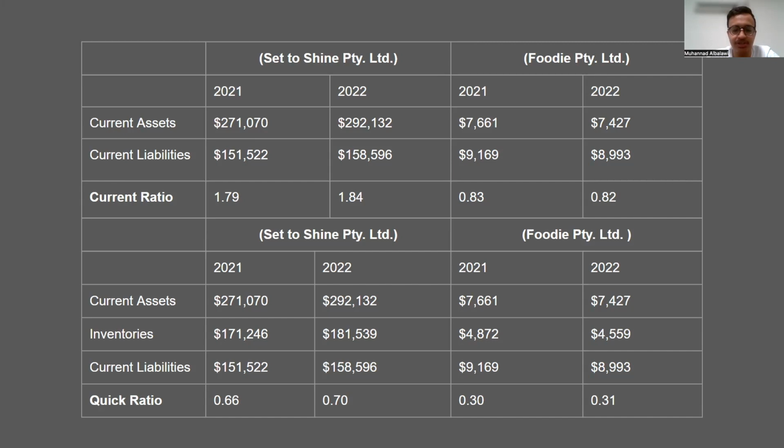BTY should closely monitor its liquidity and take steps to improve its financial balance to ensure its ability to meet short-term obligations.